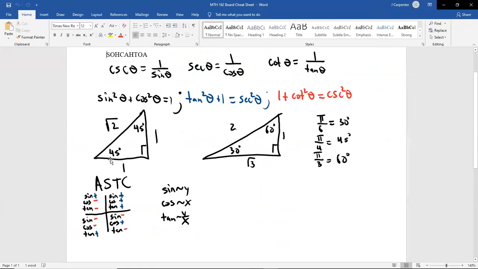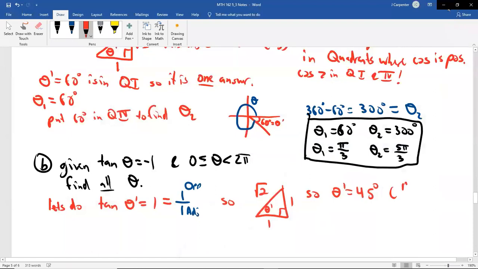If the sides are 1, 1, square root of 2, the angles have to be 45 degrees, also known as pi over 4. So our reference angle is pi over 4.